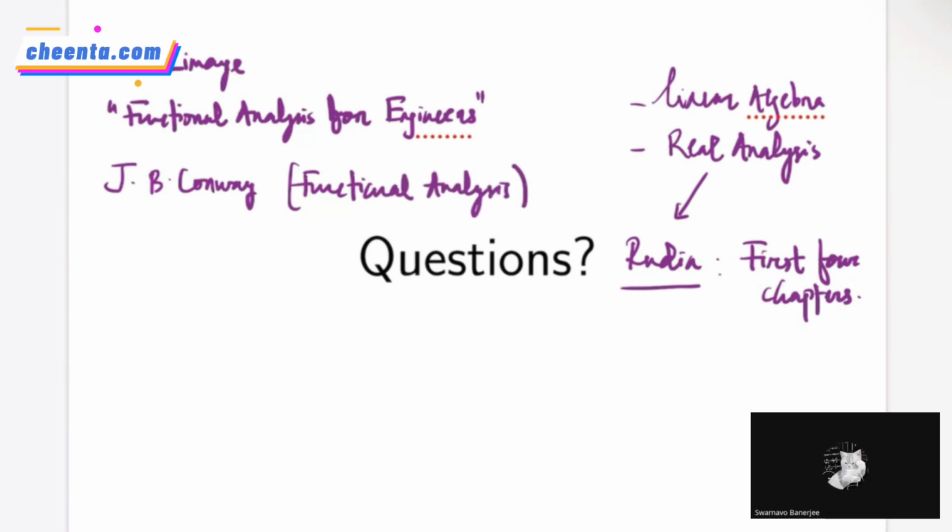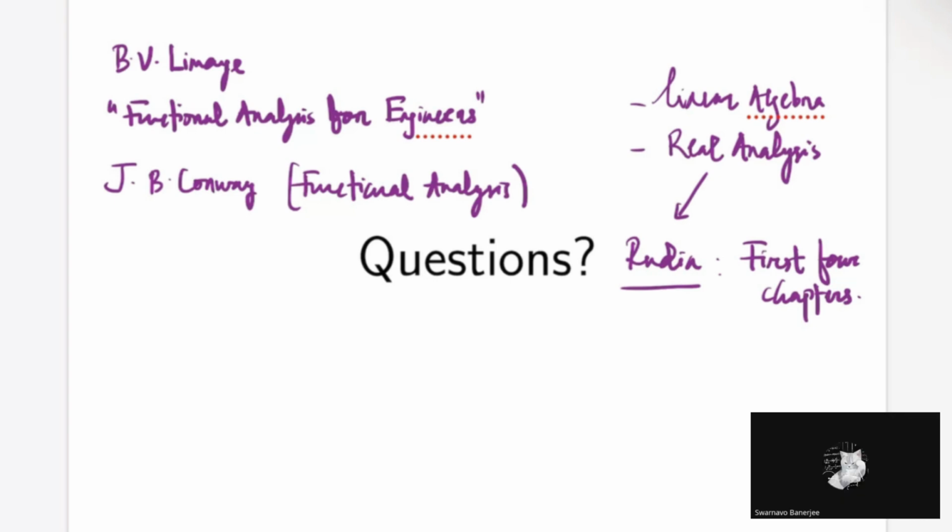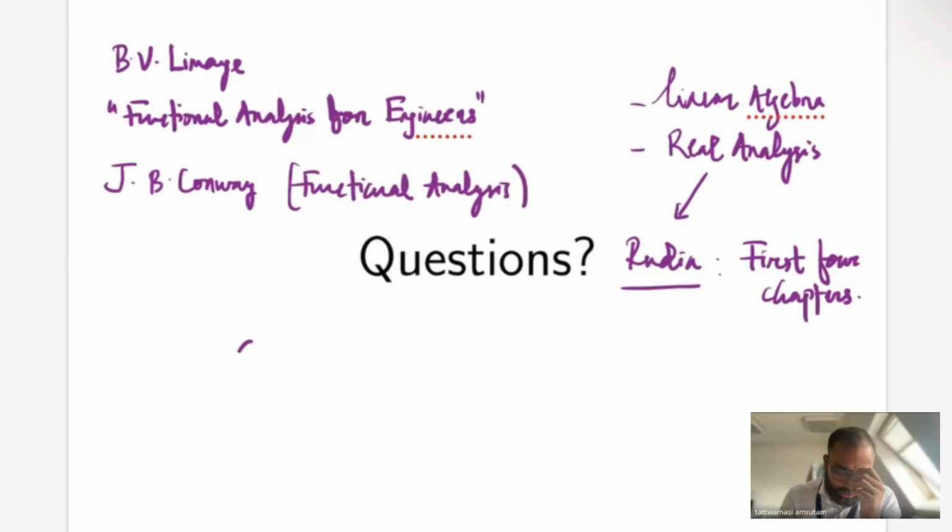Sir, and for the projects, they will be given to us, right? Yeah. So basically, we cannot go to the projects very early in the course, because we still need to cover some ground. So maybe after the first month, it would be the right time to go to the projects, and then I will tell exactly what to do, how to do it, and so on. Okay, sir. The book I will follow for the course is by G. Murphy.